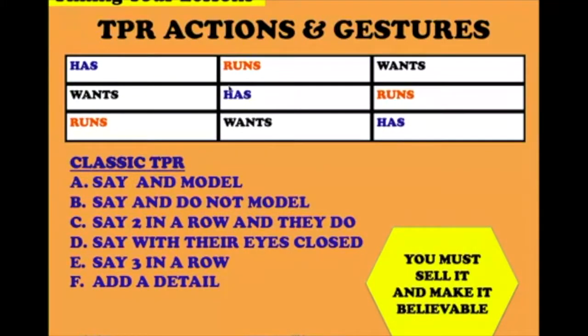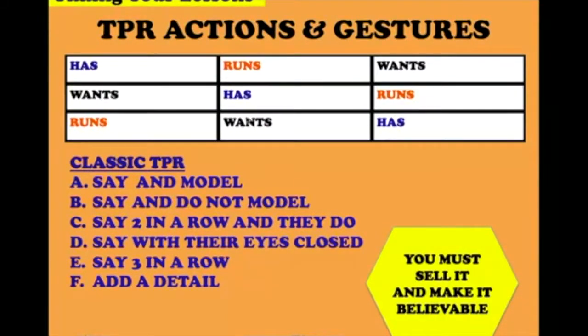The only ones that are all the same are the diagonals, but everything else, any other way you read it, has, runs, wants, runs, has, wants, runs, wants, has, wants. Any way you read it, it's going to give you variety for your students.